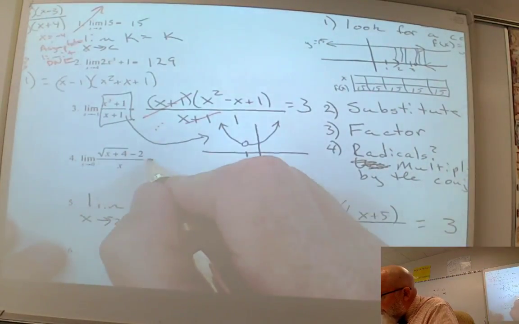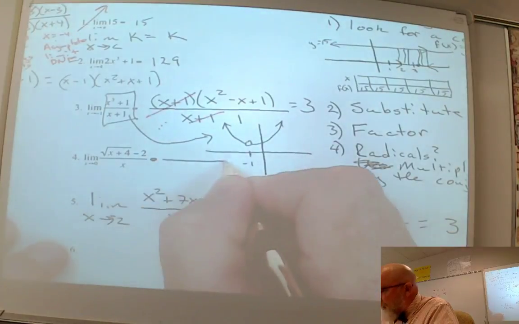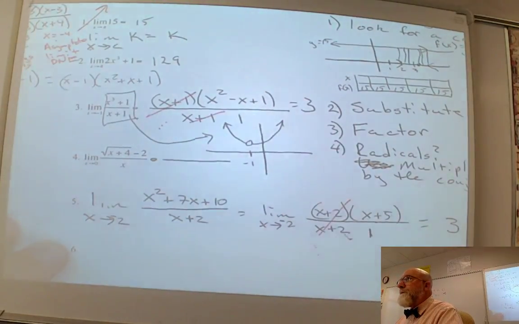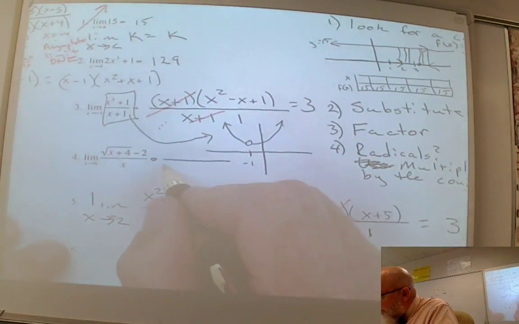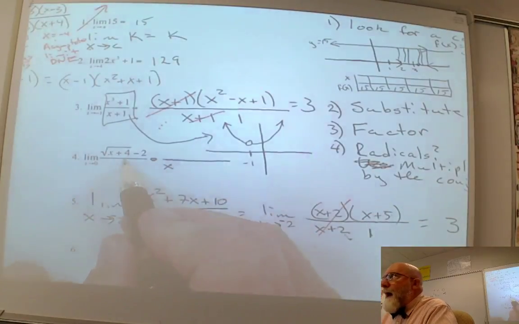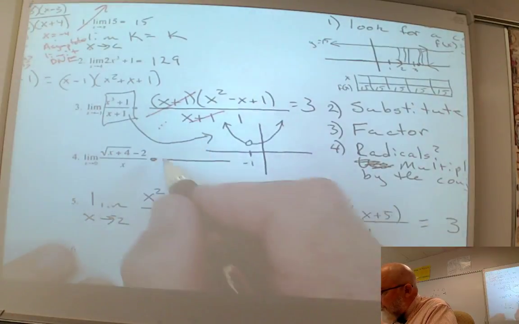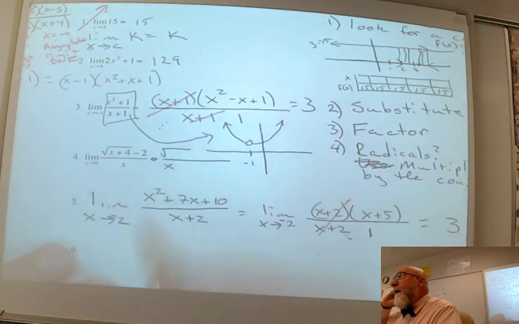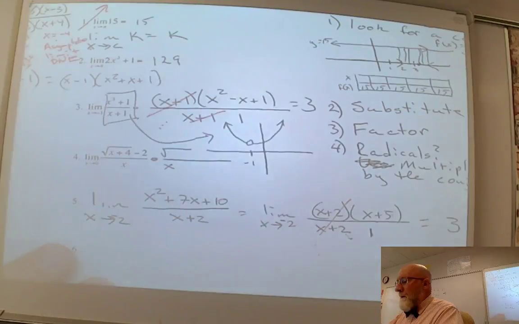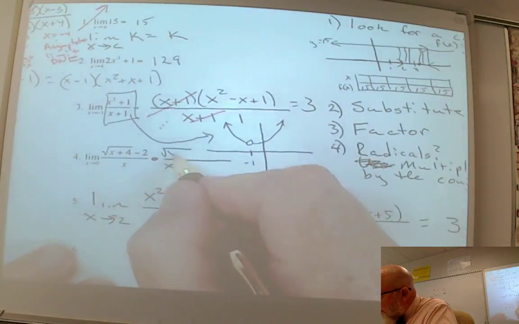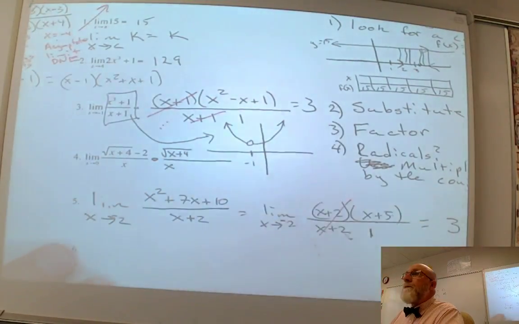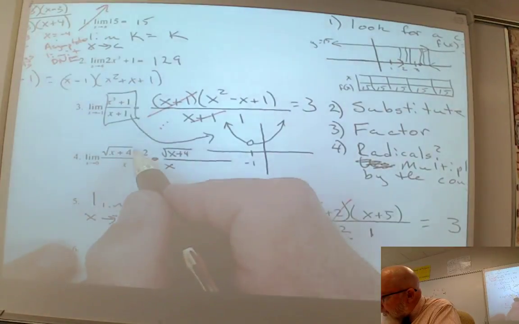I'm going to get rid of the equals, and I'm going to multiply by the conjugate. Down here, I'm going to have x. So what is the conjugate to this? Square root, I need that. Square root of what? X plus 4. Okay? The conjugate's going to be right here.